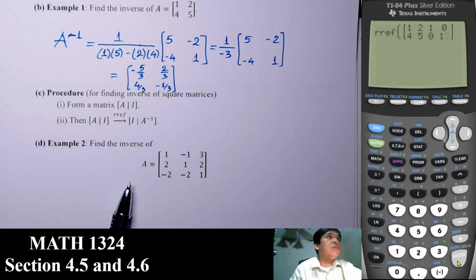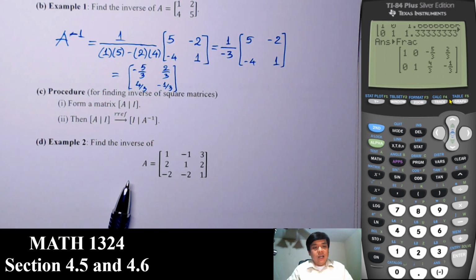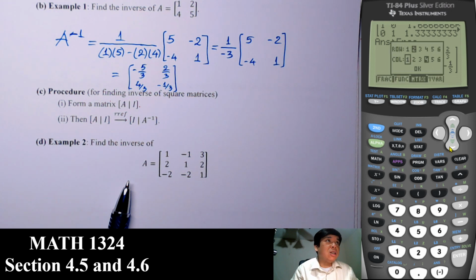Then we convert to fractions, and you see we have the inverse here. But the best way to find the inverse, of course, is if you have a calculator, just enter the matrix.